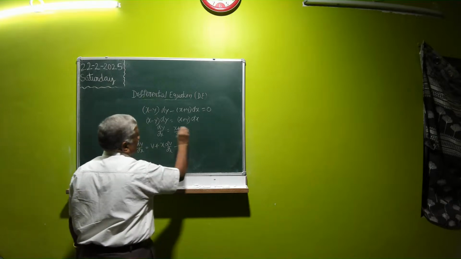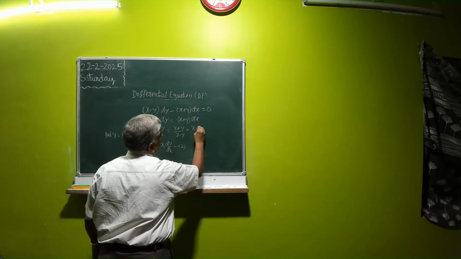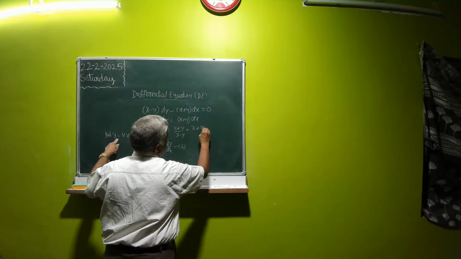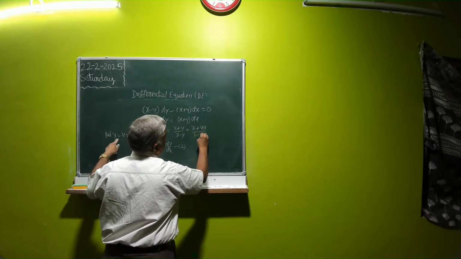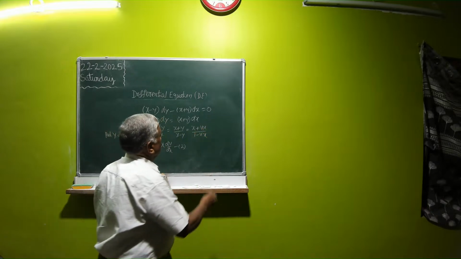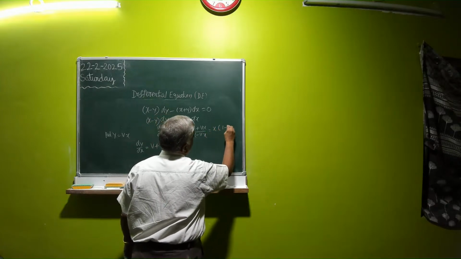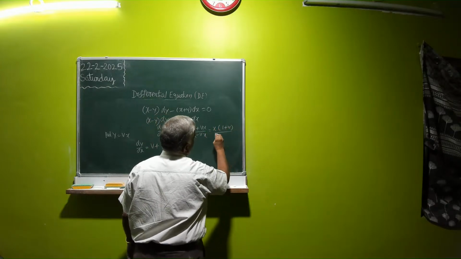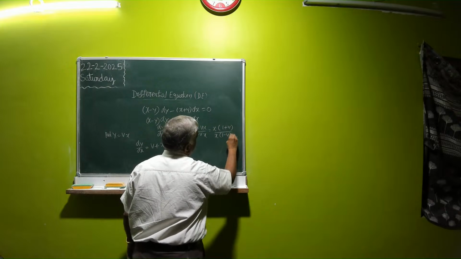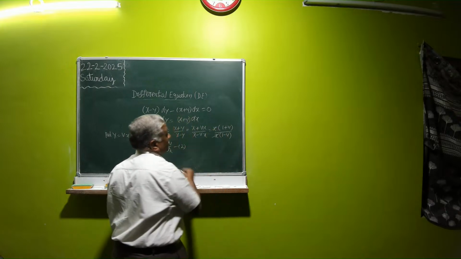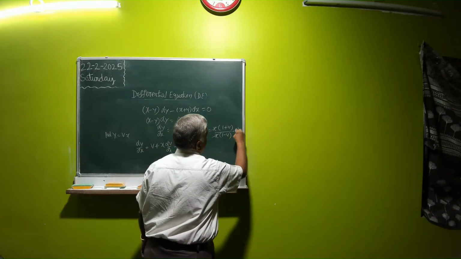Here x is as it is, y is vx, so x minus vx. You take x common, 1 minus v. And in the numerator x plus vx, you take x common, 1 plus v. x and x will cancel. You call this equation 1.